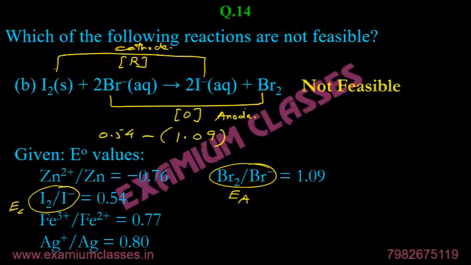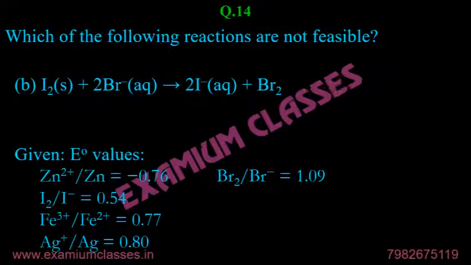How do you say it is not feasible? Tell me the reason, because I'm sure 50% of you won't be able to tell me. Okay, good. However, 50% of the answers are wrong. Okay. So E cathode minus E anode.